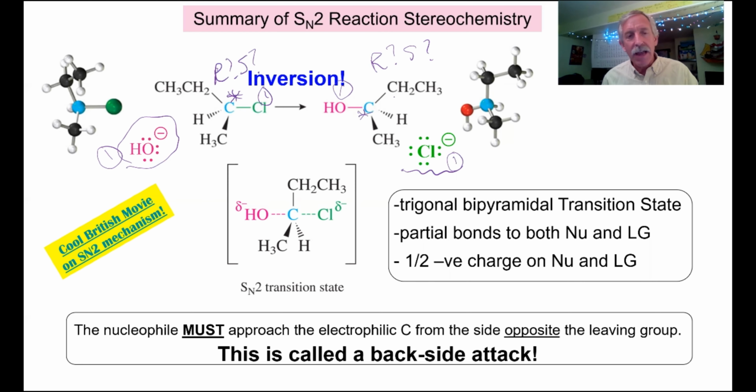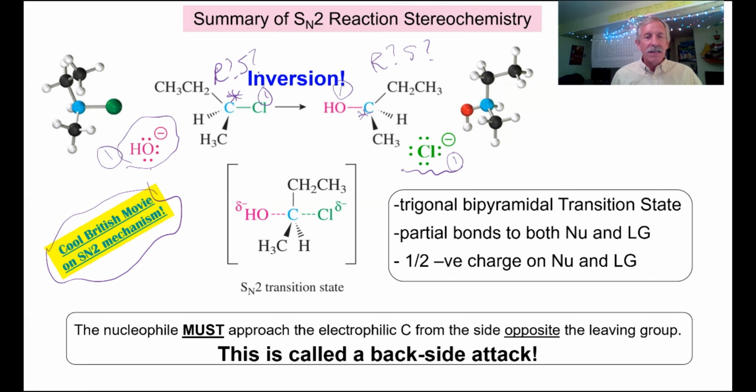Is it R or S? And what happened from beginning to end when you do nucleophilic SN2 reactions that require a backside attack, like the British person said, and I will never try to impersonate a British accent, as my wife has already told me. I am horrible at it, so I won't hurt your ears with that. But as the cool British movie talked about, when you invert the umbrella through this transition state, you could invert the stereochemistry.